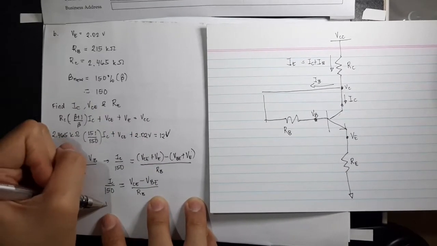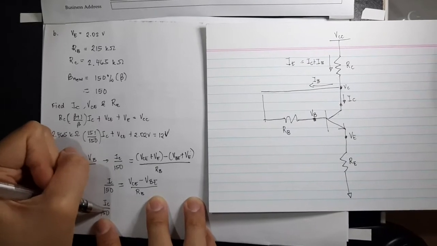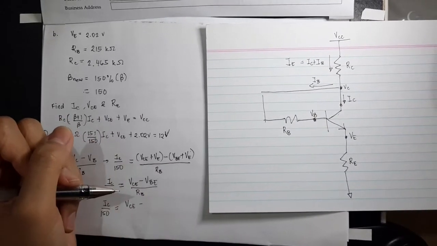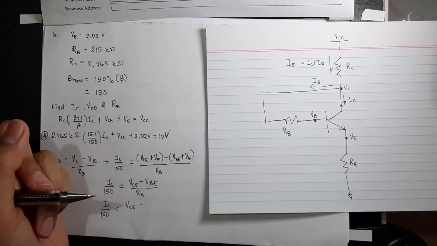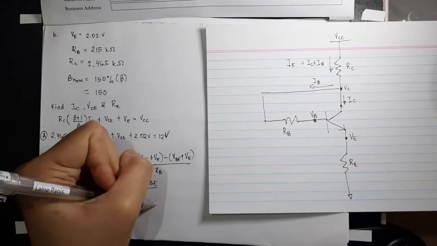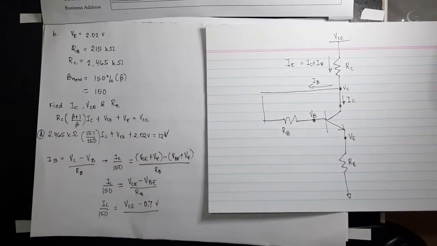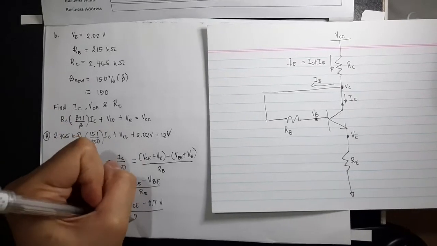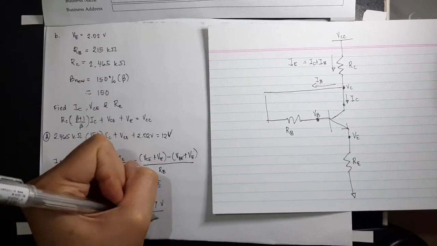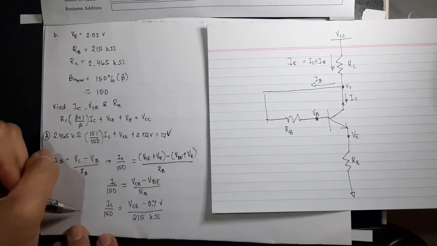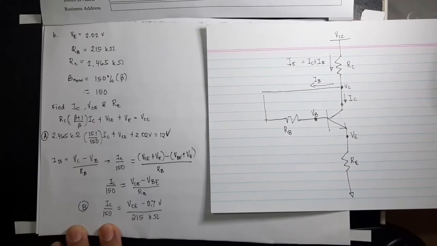Or it's also equal to yung VBE natin is equal to 0.7 volts over the calculated RB equal to 215 kilo ohms. So we now have our equation B.